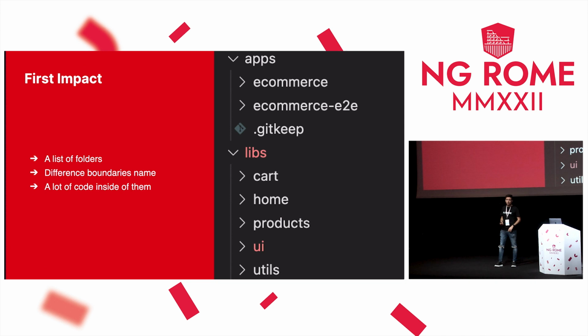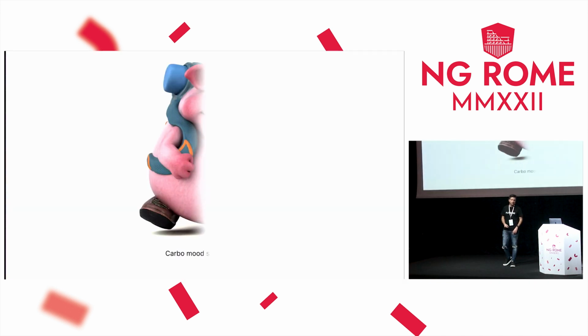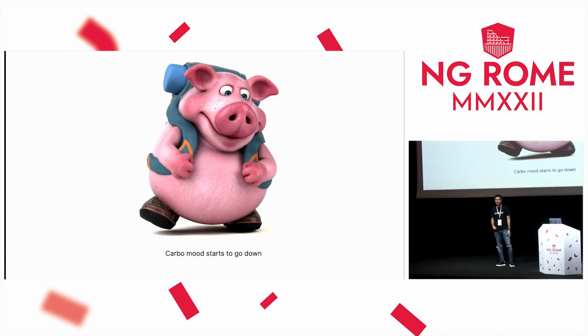The first impact probably is like this. A bunch of folders, and if you are lucky, with the right name of the boundaries, but it's not obvious, and a lot of code inside of these folders. Now Carbo probably is not very happy, and the mood starts to go down because there are a lot of folders, but no info about the repository.